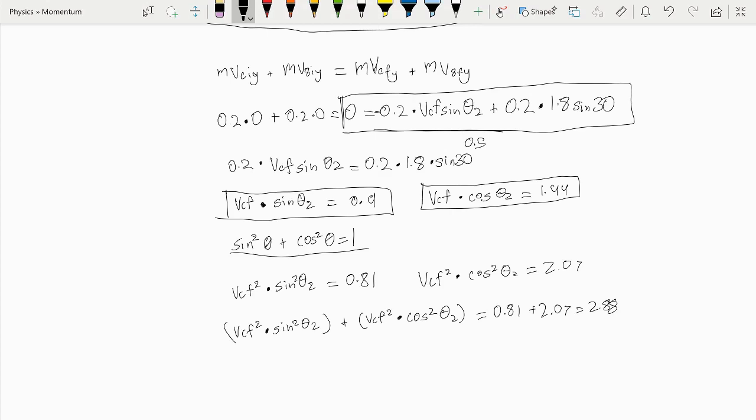So I'm going to factor out VCF squared from this part of the equation.